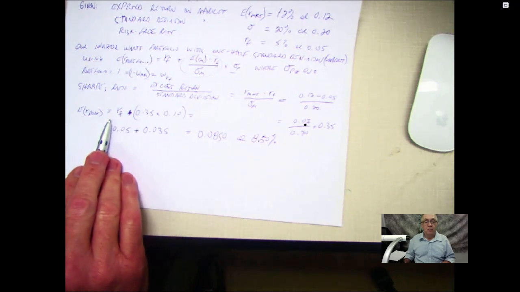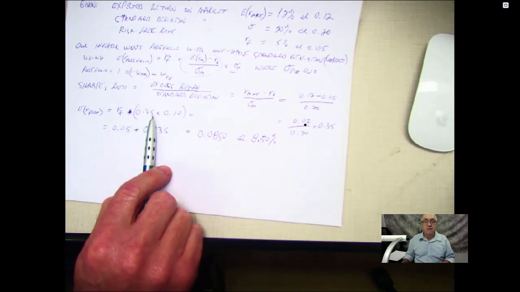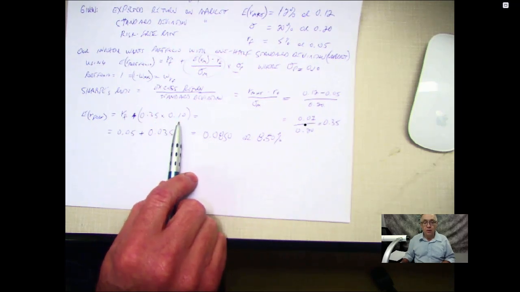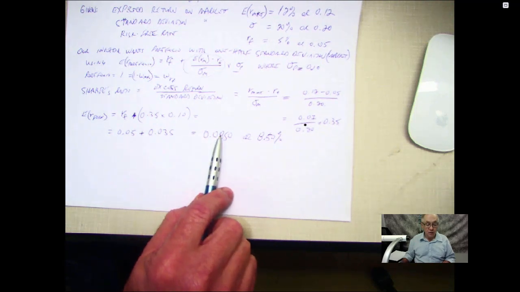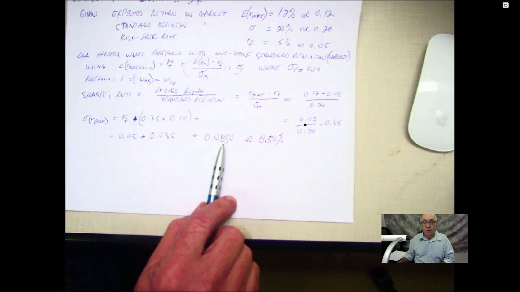Then we come back to our portfolio. The proportion in risk-free rate plus the return on the portfolio, market portfolio, will give us the total return for the entire new portfolio.